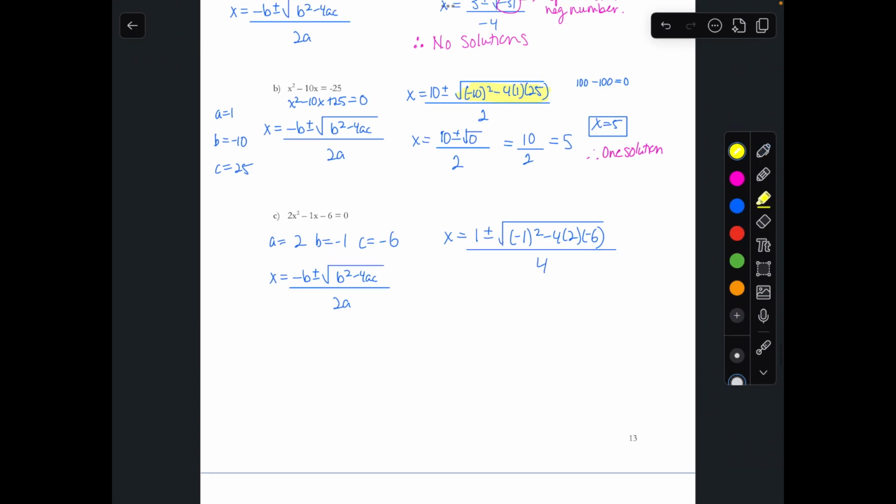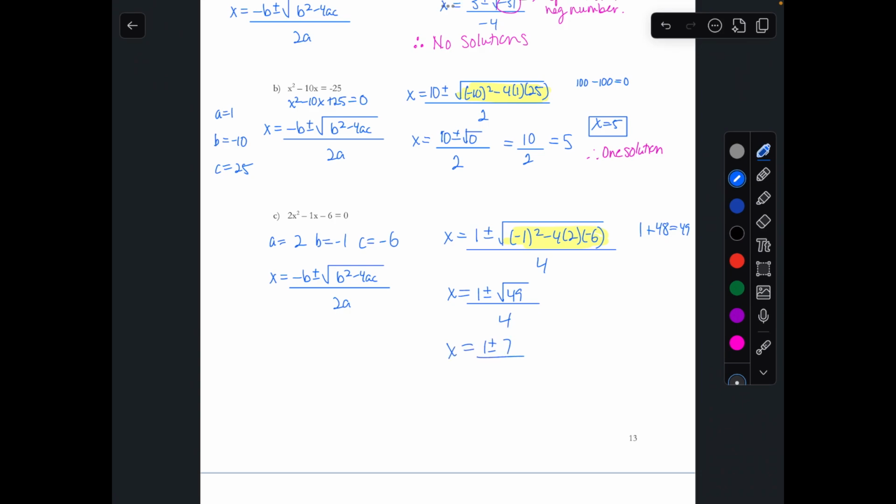When I put this in my calculator, because a negative times a negative is a positive, I get 1 plus 24 times 2, 1 plus 48, that's 49. So x is 1 plus or minus the square root of 49 over 4.